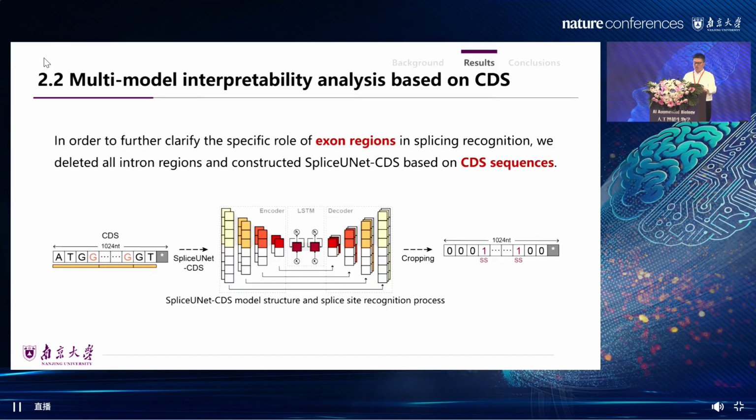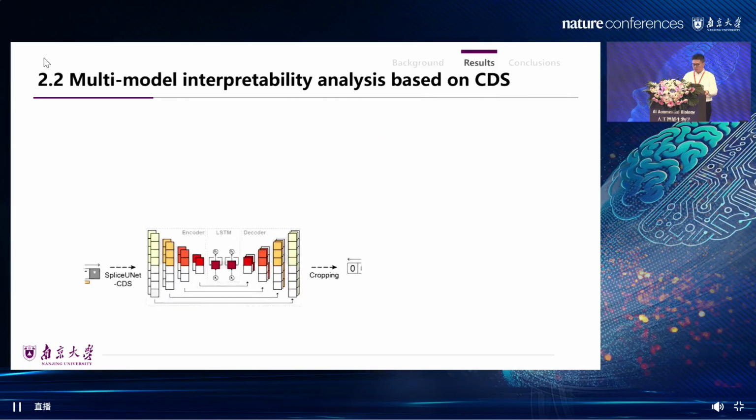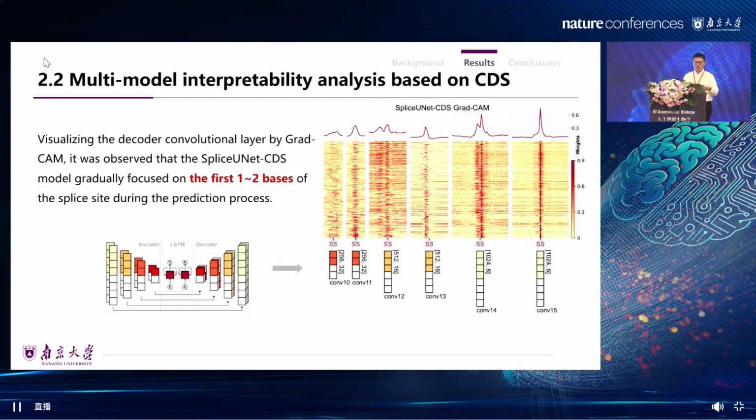To assess the role of this exon signal, we performed a new experiment. We created a modified model named SpliceUNet-CDS and trained it exclusively on coding sequences, meaning that we removed all the introns. The model just needs to predict the junction sites of the mature messenger RNAs. The model can predict the joining sites well.